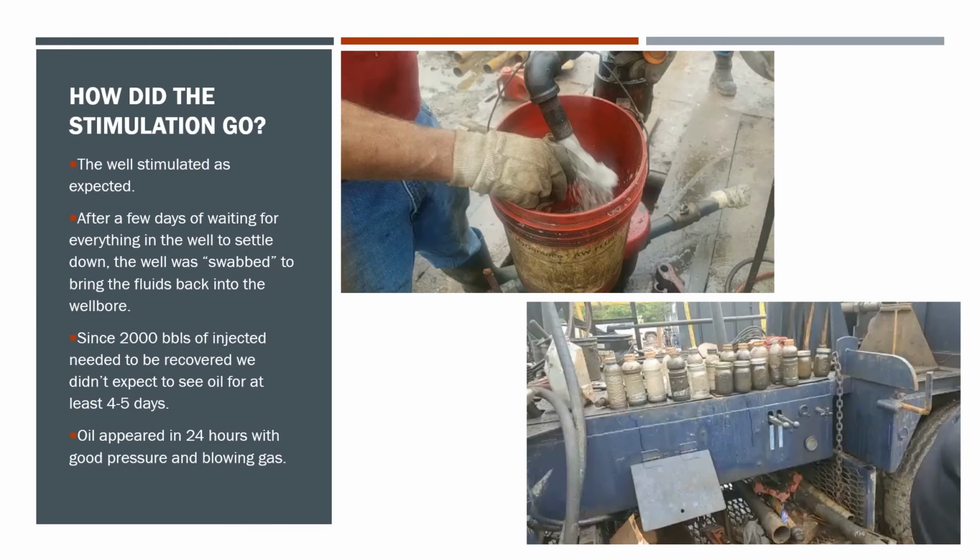However, we did expect it to take 4 or 5 days for oil to show up as we started to bring back that 2,000 barrels that we'd injected into it. However, it came back in 24 hours. It came back with just terrifically flowing fluids, load water, and some oil along with it, and a lot of gas.